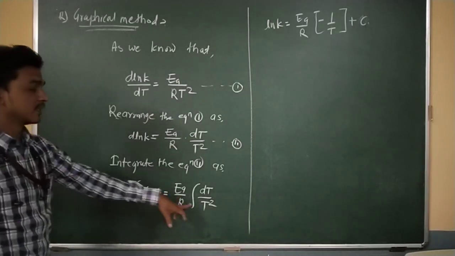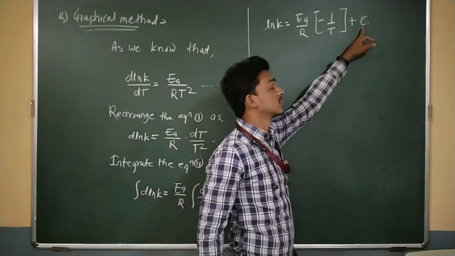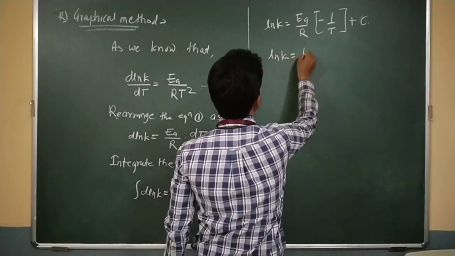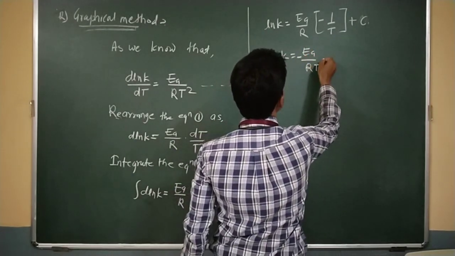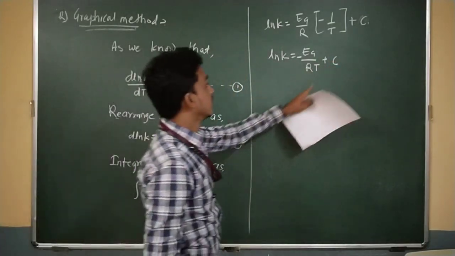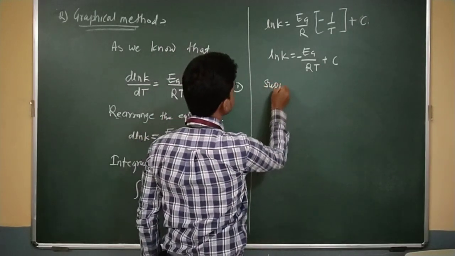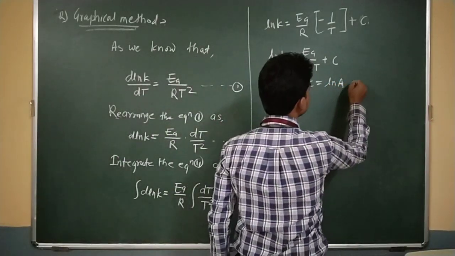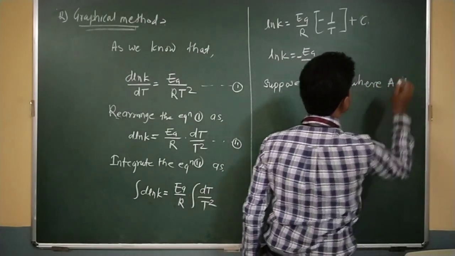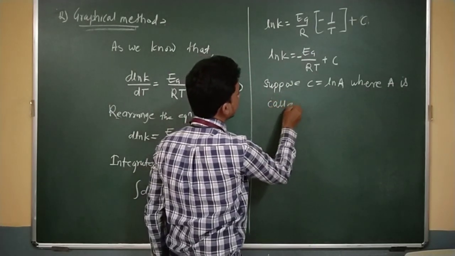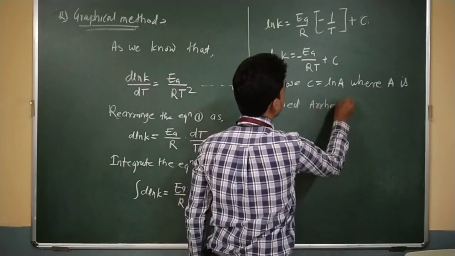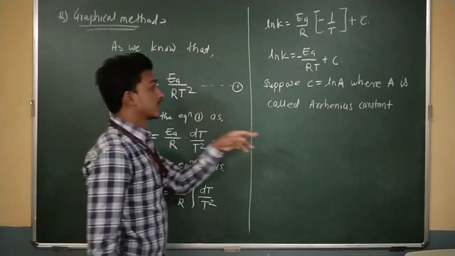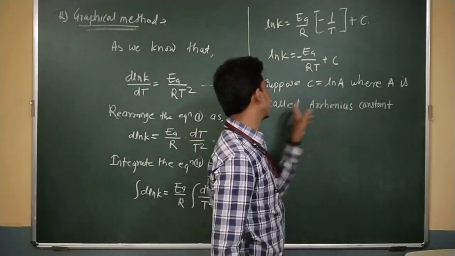If I were writing with limits, then I could not write this constant. C is the integration constant. So I can write the equation as ln k is equal to minus Ea upon RT plus C. Suppose C is equal to ln A, where A is called the Arrhenius constant, because we are dealing with the Arrhenius equation.